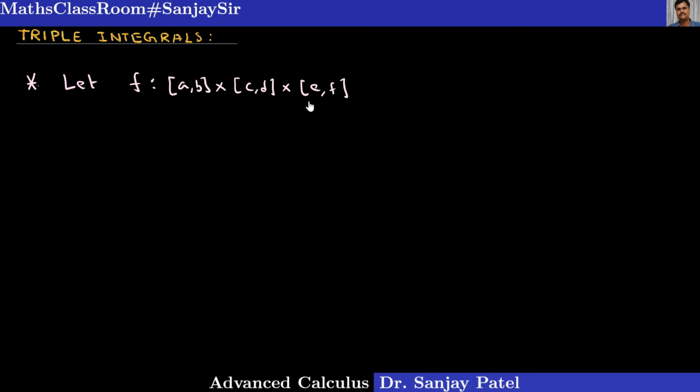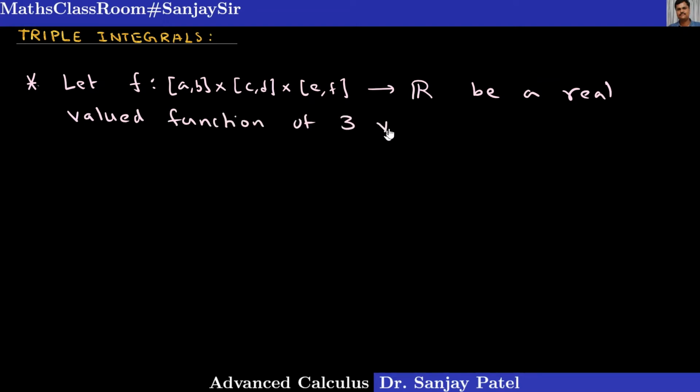So this is a three-dimensional object, and it is a cuboid, to R, a real valued function of three variables x, y, and z.